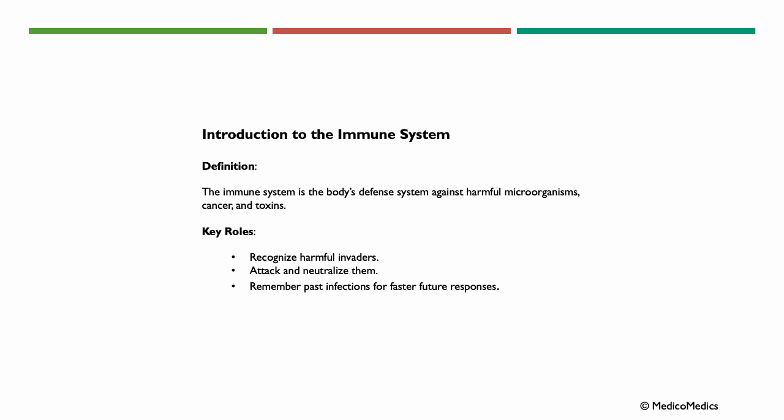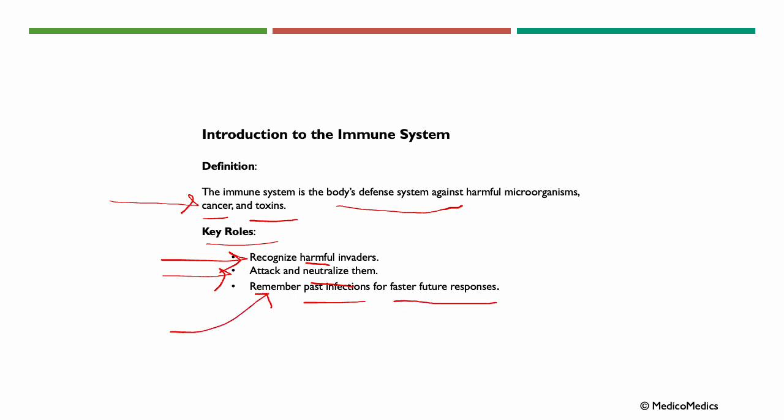So, introduction to the immune system. Now, the immune system is the body's defense system against harmful microorganisms or cancer, toxins, etc. Its key roles include recognizing harmful invaders, attacking and neutralizing these invaders, and furthermore, to remember past infections for faster future responses.